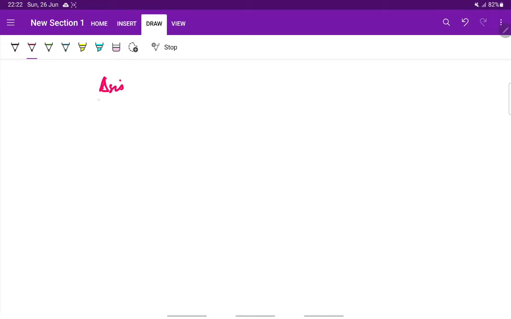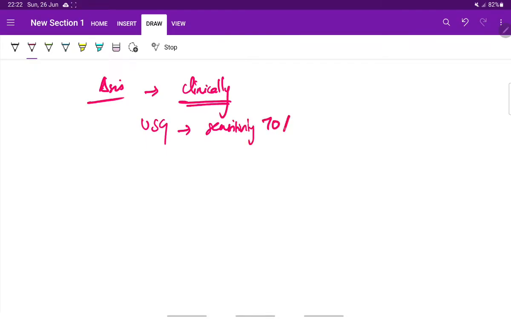Next, the diagnosis is made usually clinically, an ultrasound has a sensitivity of 70%, and the differential diagnosis for abruptio placentae is placenta previa, about which we have seen in our previous video.